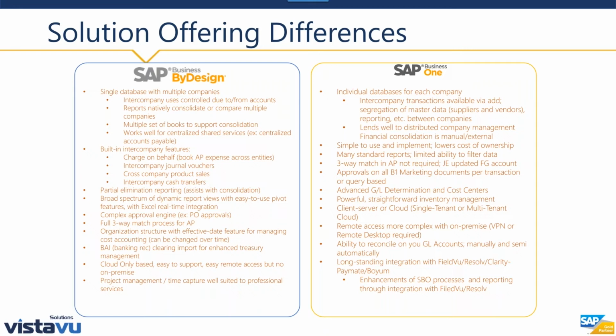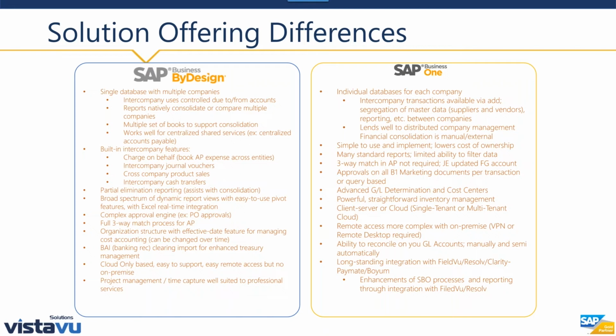So starting at the top, in SAP ByDesign, you run on a single database with multiple companies, meaning that when you log into the system, depending on your user permissions, you can start creating intercompany events directly in the system. And because you're running multiple companies through the same database, your reports will natively consolidate and compare those multiple companies.